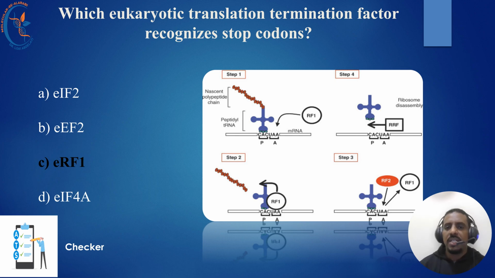Think of eukaryotic release factor 1 as the checker that identifies the stop codon on the messenger RNA, signaling the ribosome to stop adding amino acids and release the completed protein. All right, let's move on.